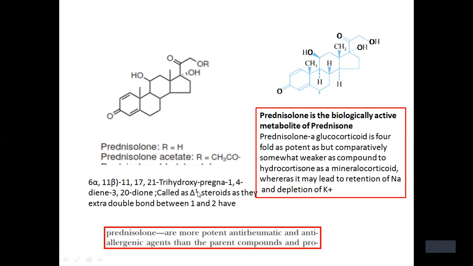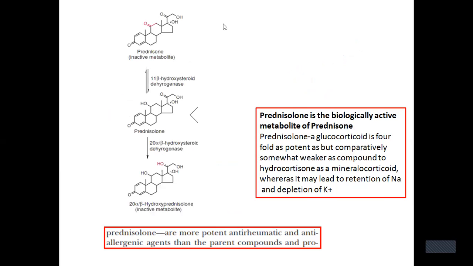So it is a delta 1 steroid, as it has an extra double bond between 1 and 2. Biologically, it is a mineralocorticoid inhibitor. It leads to the depletion of potassium. So this is a small piece of information about prednisolone.